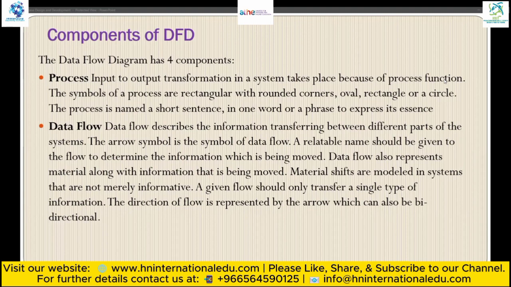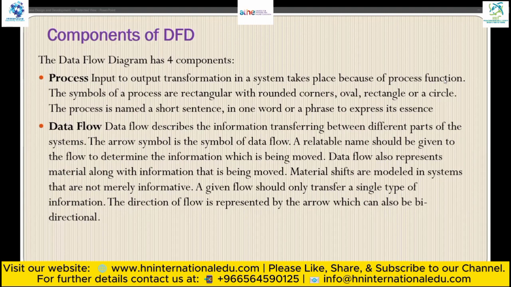These are the symbols of process in the DFD. The process is named with a short sentence, one word or a phrase, to express its essence, its function. This is an example of process.